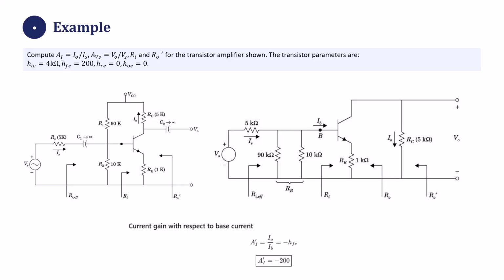Let's begin with the easiest quantity, the current gain measured with respect to base current rather than source current, since AI prime equals IO over IB and that ratio is simply negative HFE, we get AI prime equals negative 200 straight away. We'll build on this result over the next two slides to find the overall gains with reference to the source.